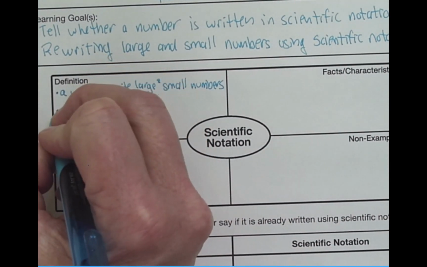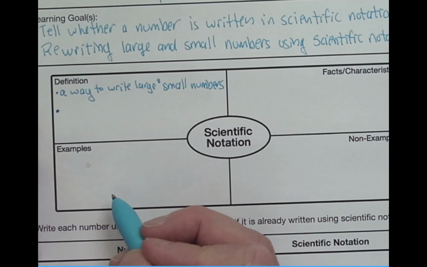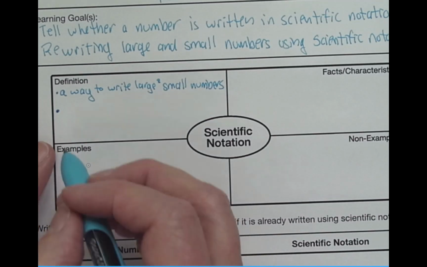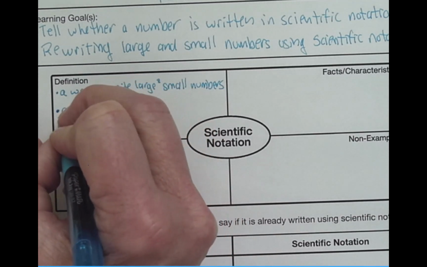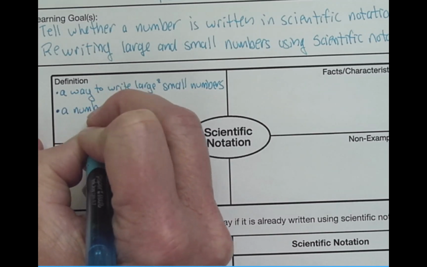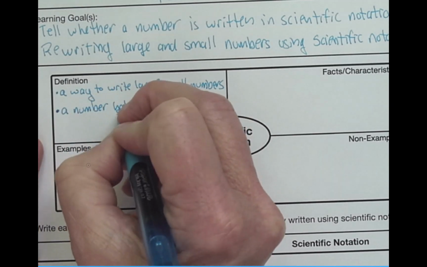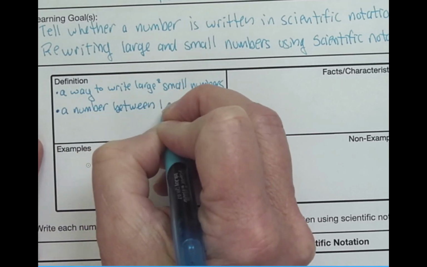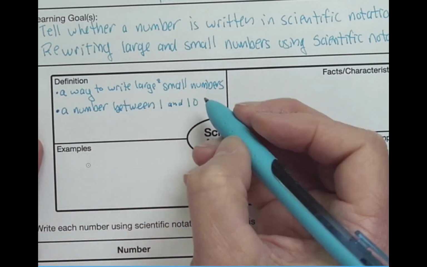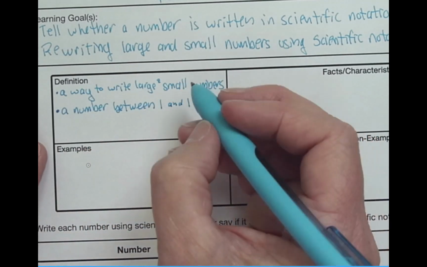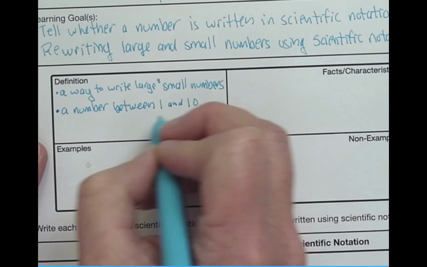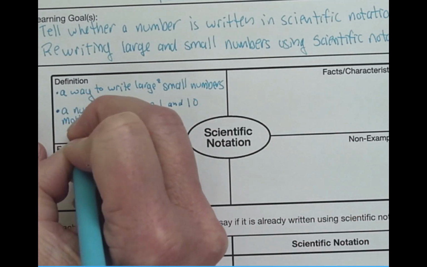There's two parts to the number, and we'll show some examples in just a moment. The first part is a number between 1 and 10, not including 10, multiplied by a power of 10.